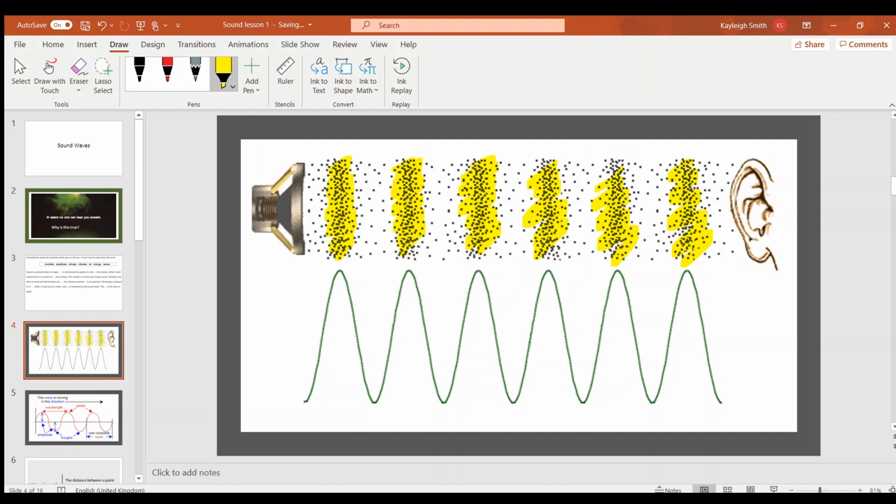Now that's called a longitudinal wave, where you've got the direction of the wave and the energy flowing in the same direction. But we use this other type of wave to show what it is that we are seeing. Okay, so this is the wave diagram that we use, and you can see how it corresponds to those different waves that we have there.